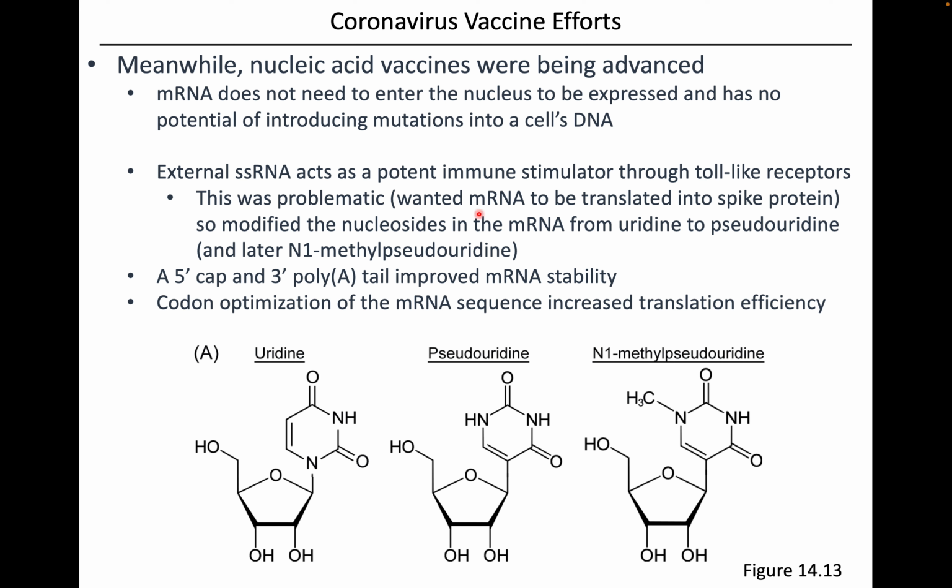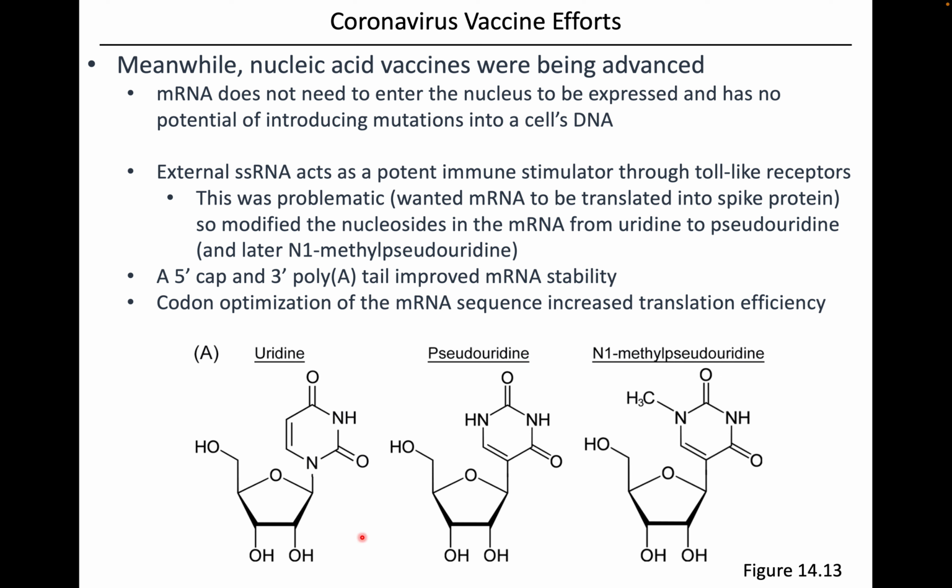They wanted to be able to introduce messenger RNA for the spike protein, again, have it translated into that protein in the host cell, and then mount the immune response against that. So they found one way to try to force that was to modify some of the nucleosides in the messenger RNA. So from uridine to the pseudouridine to eventually this guy, N1-methylpseudouridine.